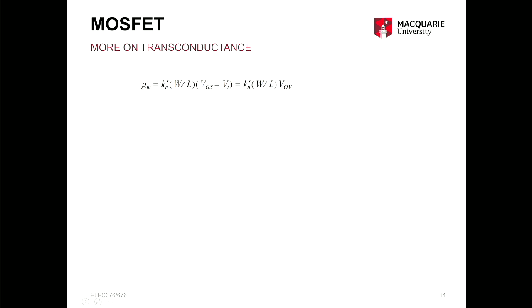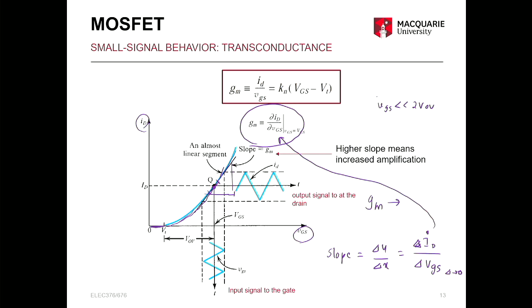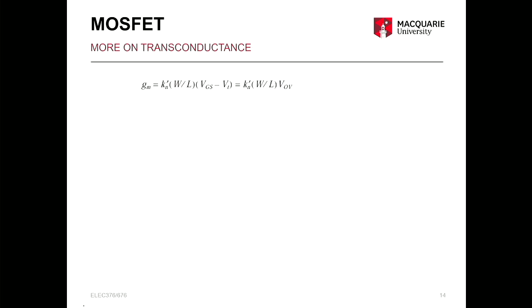So there are different ways that you can write transconductance. The first we saw is GM is equal to Kn (VGS minus VT). So that's what we just found, right?